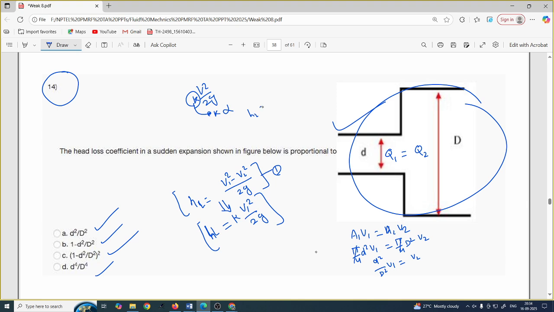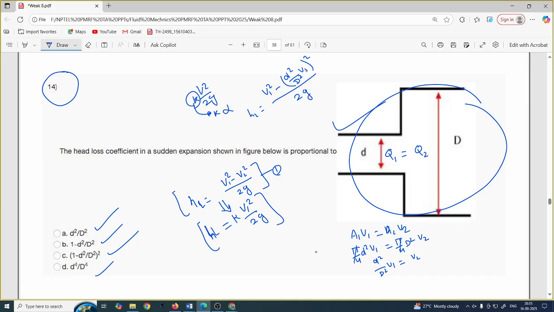So your HL is equal to v1, because you need to write the expression in terms of v1, the velocity in this pipe, minus v2, which is d square divided by capital D square v1, whole square, divided by 2g.